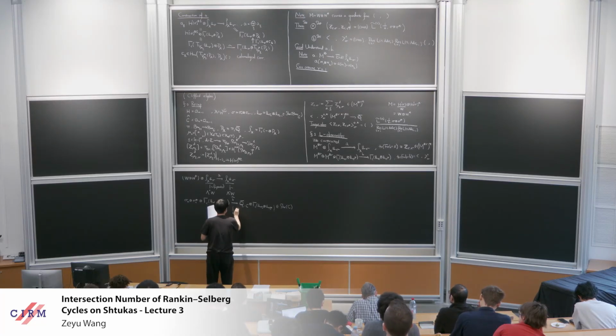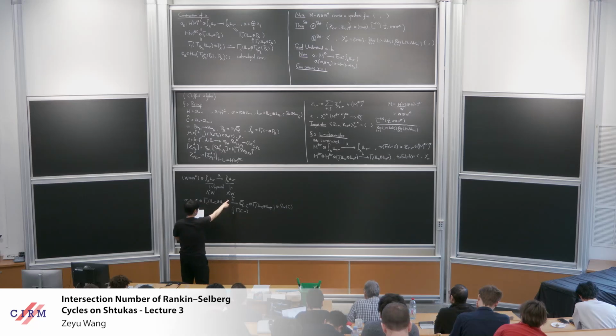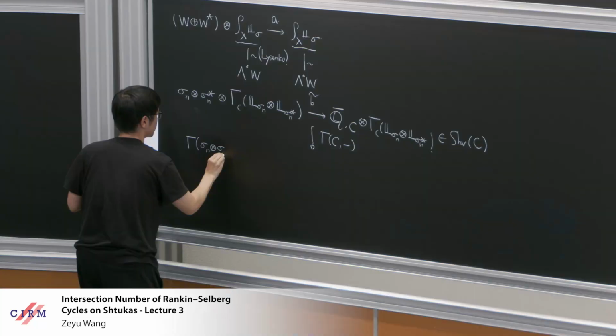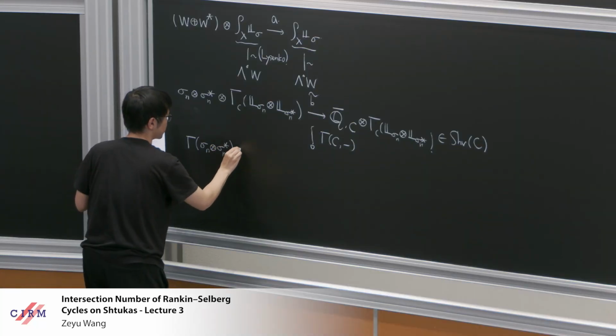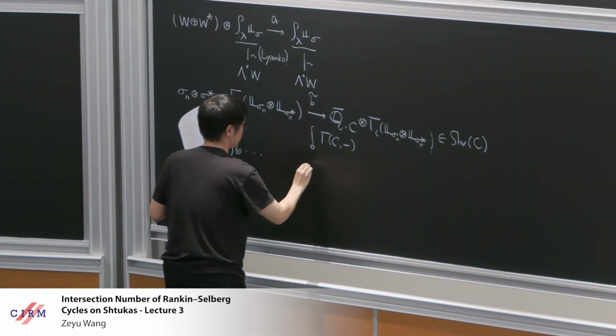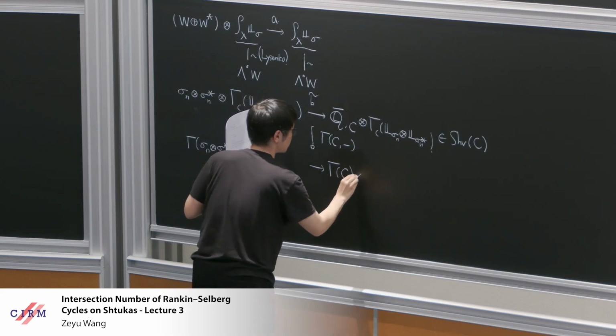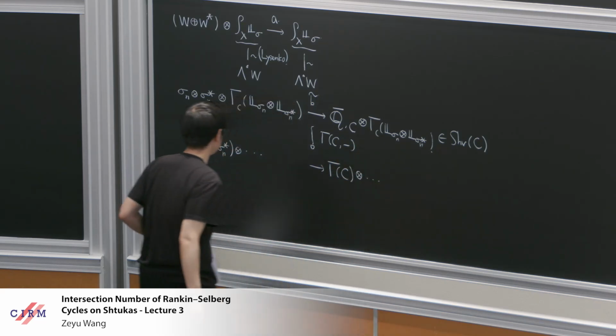You can take the cohomology on the curve of this B tilde, then you will get the cohomology of sigma_n tensor with sigma_n du, tensored with this stuff, to the cohomology of the curve tensor with this stuff.